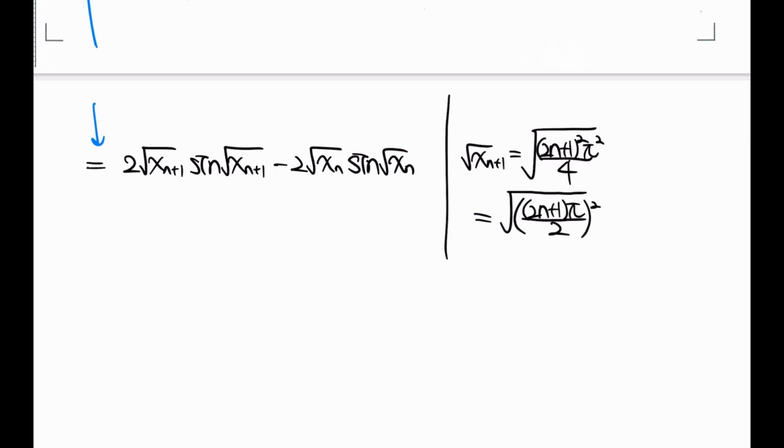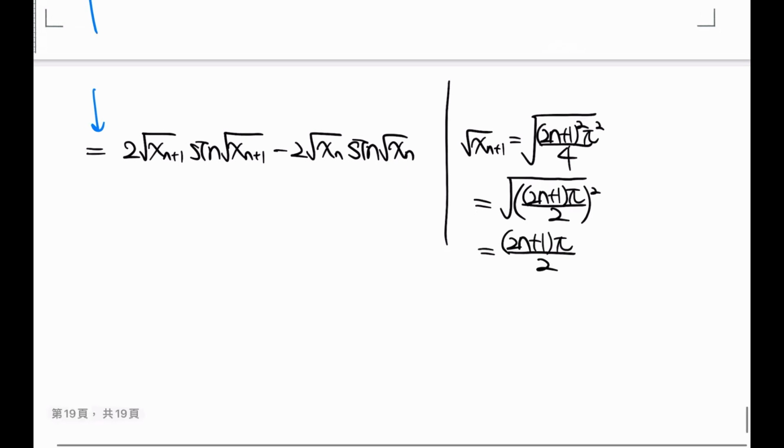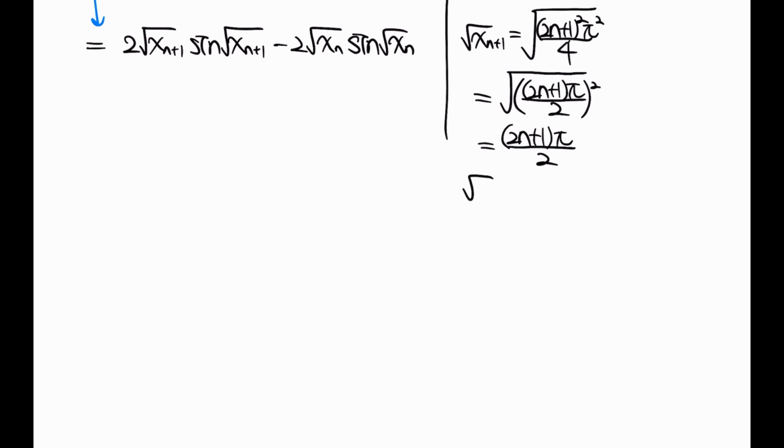And then the square root cancels with the square, so it is equal to 2n plus 1 pi over 2. And similarly, the square root of xn is equal to 2n minus 1 pi over 2.